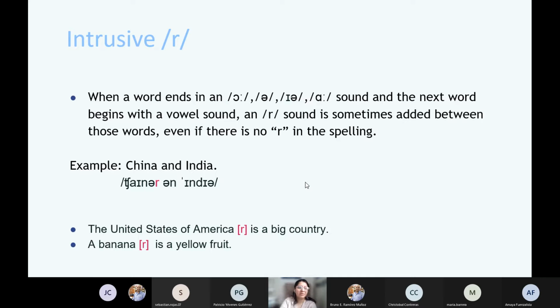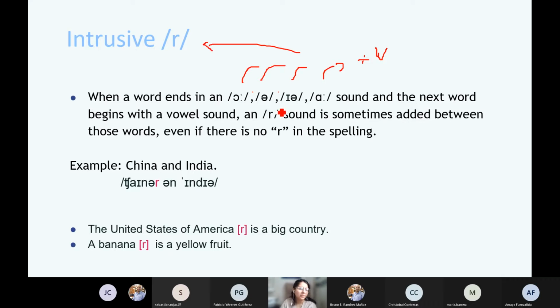So what this means is that when a word ends in one of these vowels, like O, a schwa, a diphthong, the diphthong I, and A, we add an R to link those sounds with the following vowel sound. So when that's followed by a vowel, we add the intrusive R.